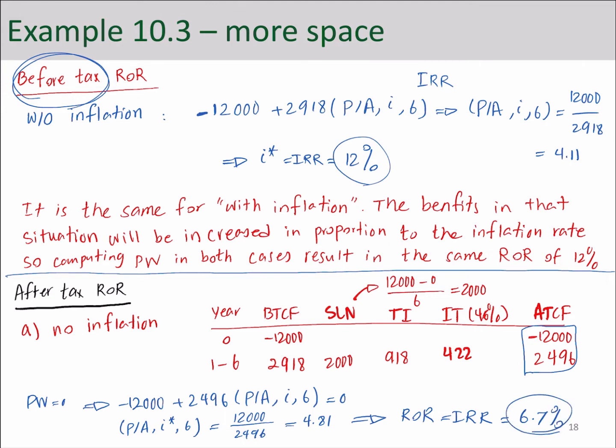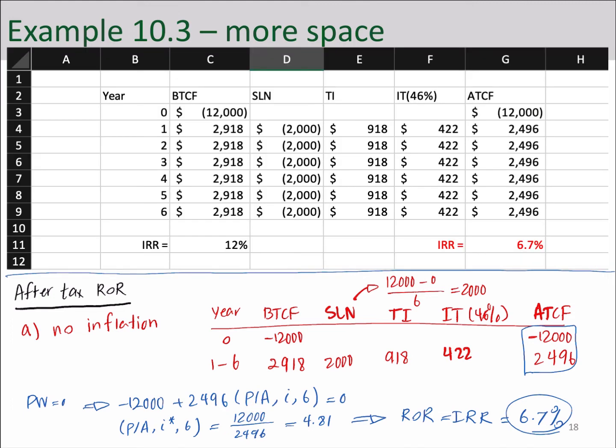You can do that with linear interpolation, but I think the easier way is to either use the P given A formula instead of the factors table, or simply use Excel to calculate the rate of return. As you can see on the screen, I did that in Excel. 6.7% is the rate of return if we do not have any inflation.